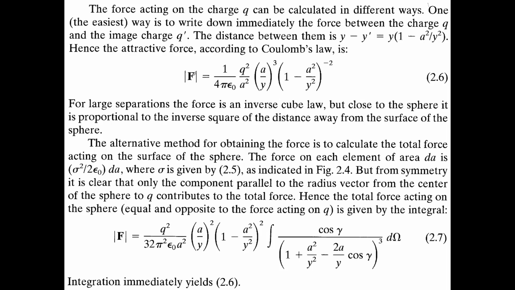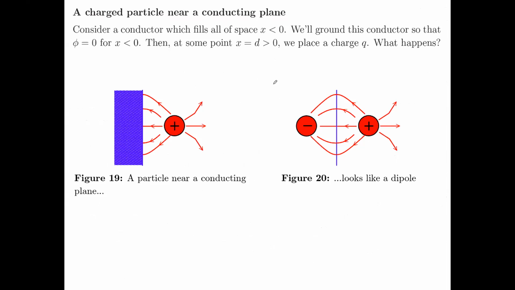Using Coulomb's law, calculate the force generated by the real charge and the imaginary charge, sum them up, and you get the net force, exactly the same as the system with one charge and one conductor. So the force can be written in this equation. This is what we want to introduce in this class.